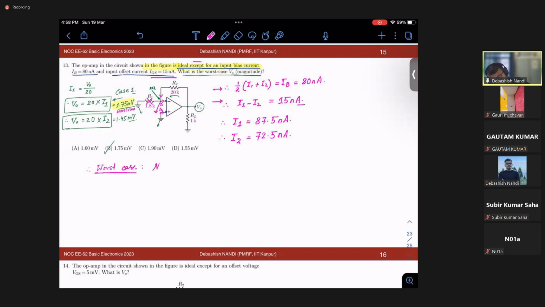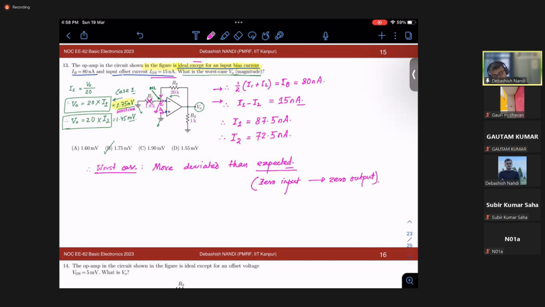And what is expected? Expected is your zero input should lead to zero output. So this is your worst case. This is how you analyze the input bias current case.